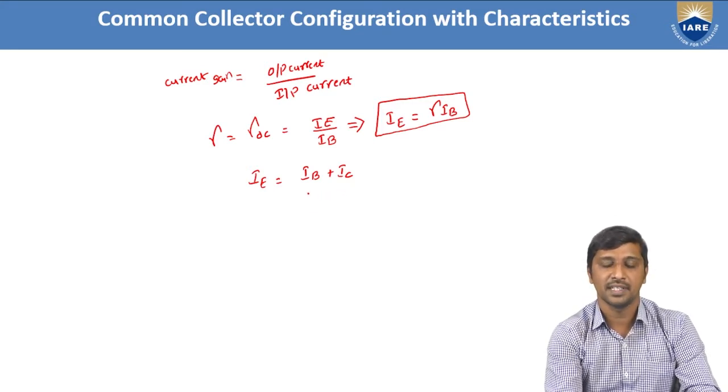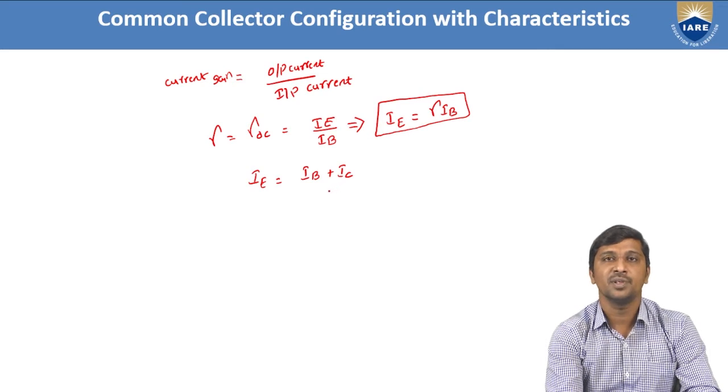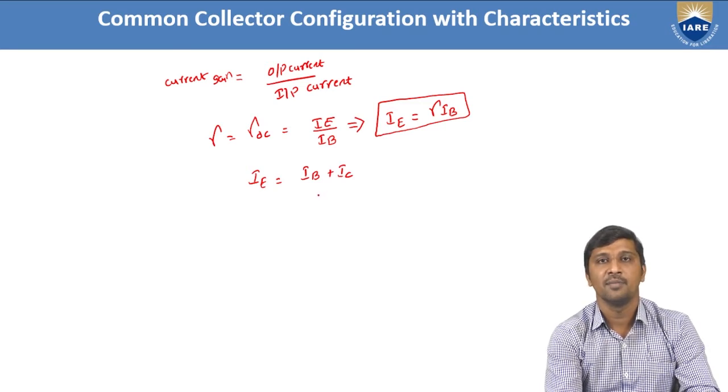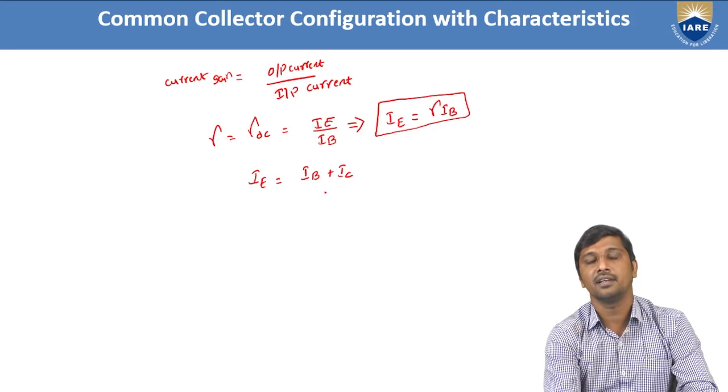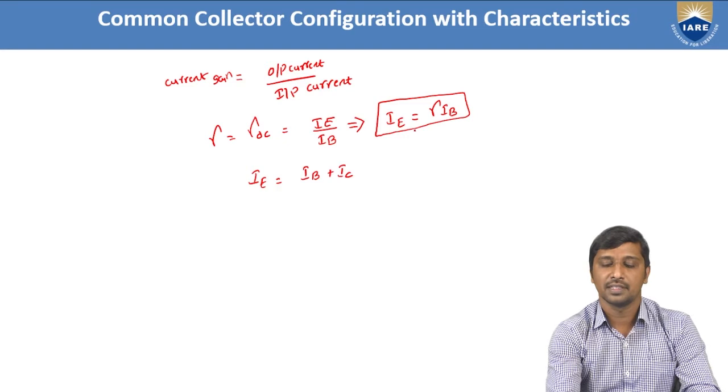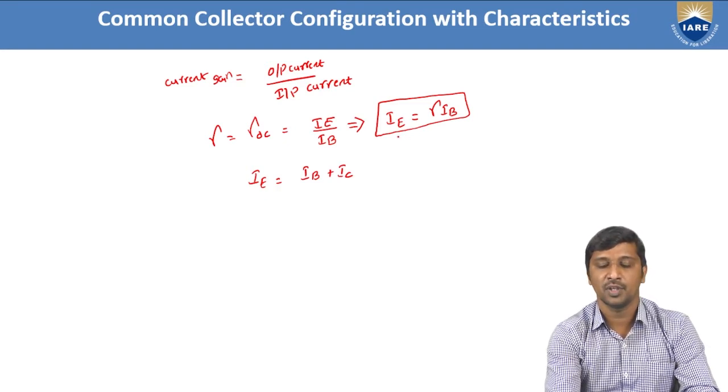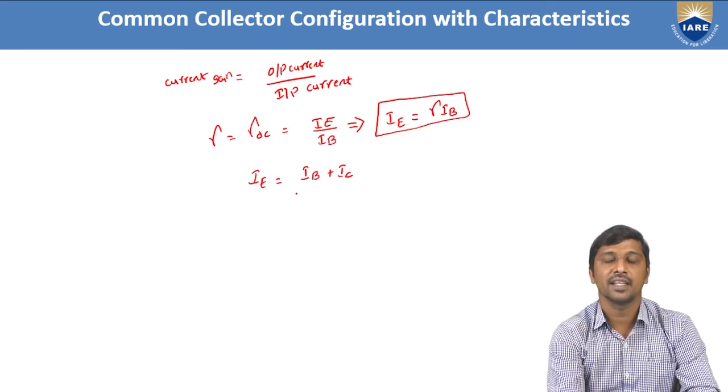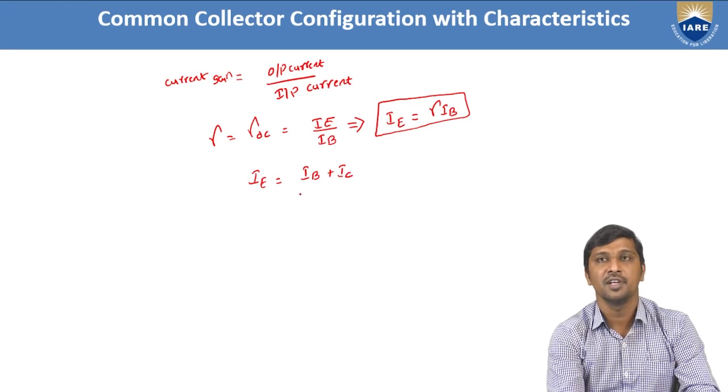So IE is the sum of the base current and the collector current. Now, in the common collector configuration, the emitter current depends upon the applied input current. From this relation, the emitter current is directly proportional to the base current, so we need to rewrite this relation in terms of the base current.